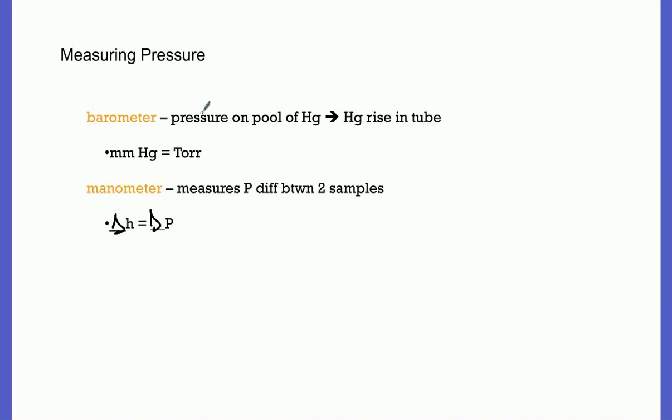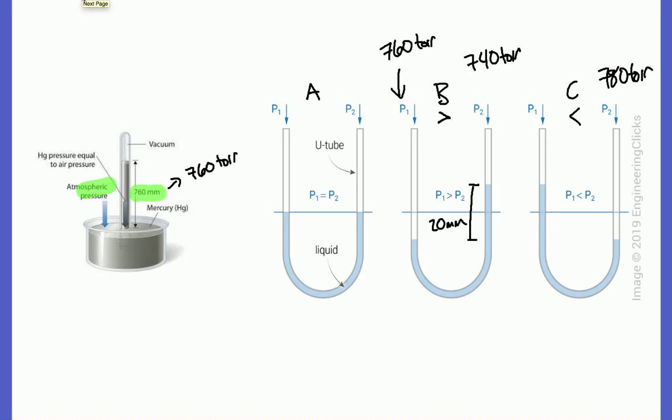So I've got barometers and manometers. If I have two different samples, and I know the pressure of one, I can figure out the pressure of the other. A barometer gives me that atmospheric pressure, and that's what I'm typically comparing to. So pressure 1 was atmospheric pressure in each condition, A, B, C.